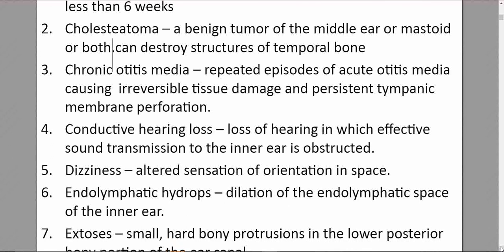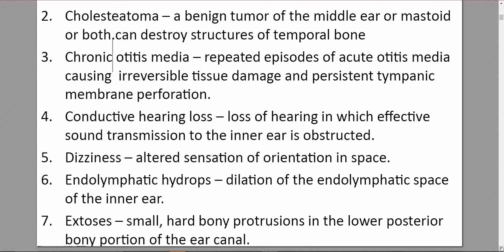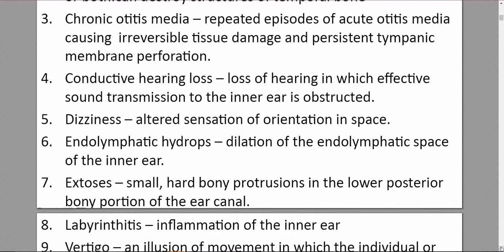Chronic otitis media. This is repeated episodes of acute otitis media causing irreversible tissue damage and persistent tympanic membrane perforation. Conductive hearing loss. That is loss of hearing in which effective sound transmission to the inner ear is obstructed.